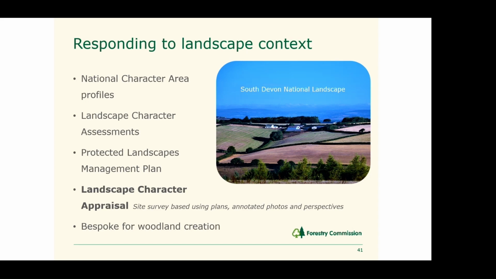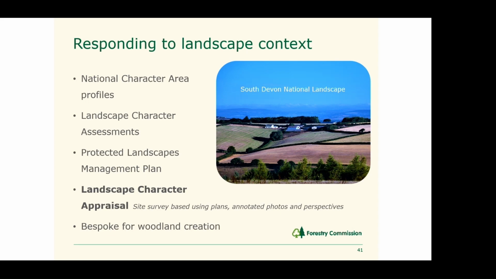At a more local level, local authorities do produce landscape character assessments, so they're worth looking at, a more finer grain. And then in the protected landscapes, there are management plans, and they're worth looking at, particularly the more recently produced ones, in terms of woodland targets and the general character of a protected landscape.